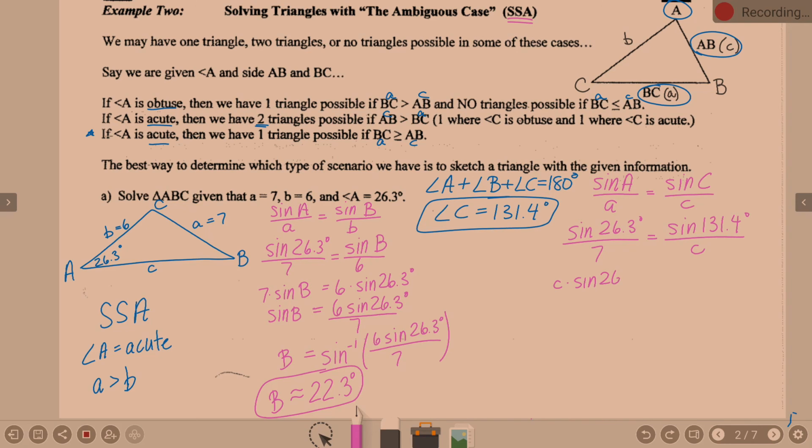C times the sine of 26.3 degrees is equal to 7 times the sine of 131.4 degrees. In order to find C, you divide. So C is going to be 7 times the sine of 131.4 degrees divided by sine of 26.3 degrees.